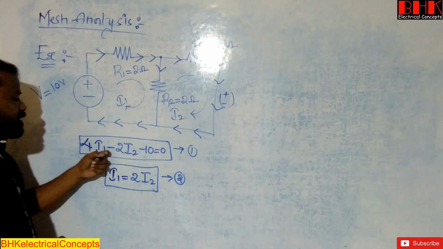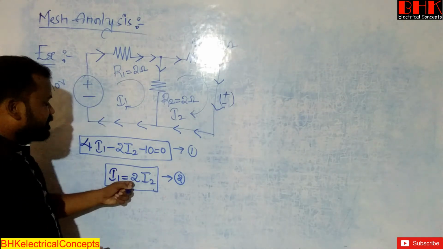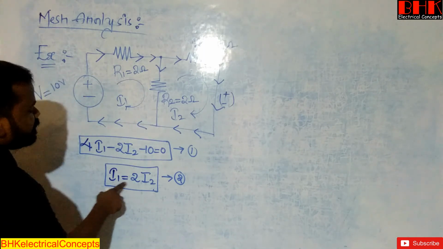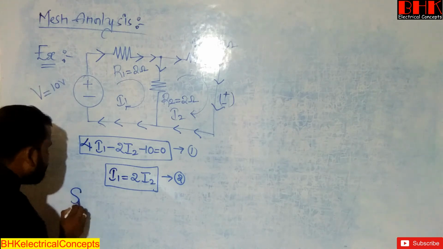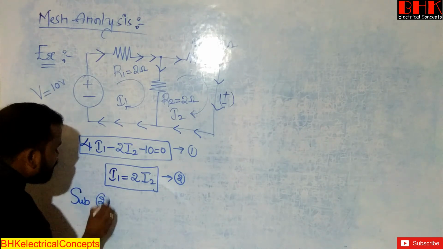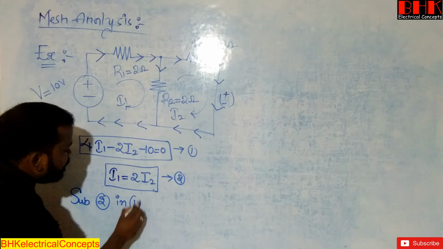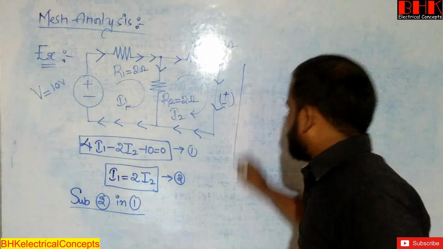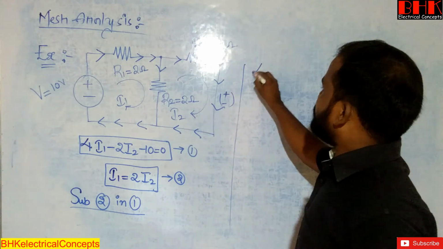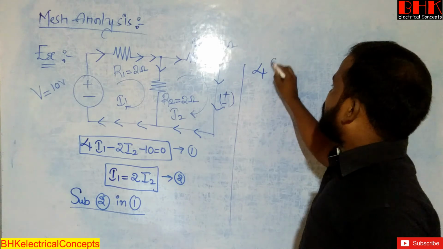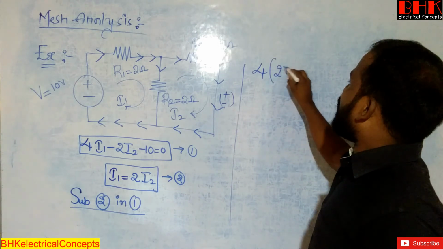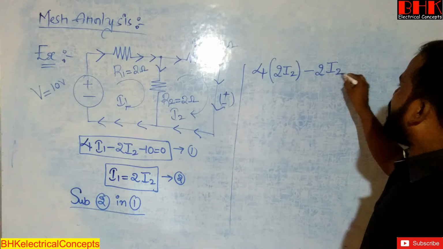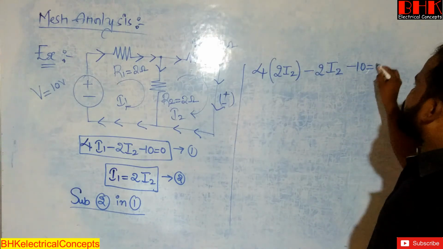This is the equation from loop 1 and this is equation number 2 from loop 2. From equation number 2, I1 is equal to 2I2. Now substitute equation number 2 in equation number 1. So 4 into the value of I1, 2I2, minus 2 into I2 minus 10 is equal to 0.